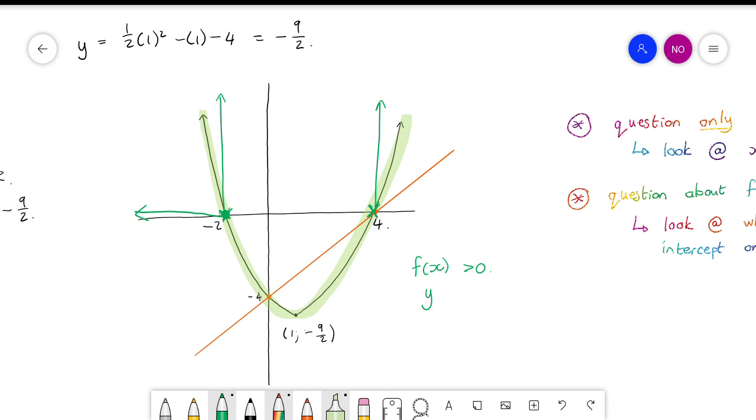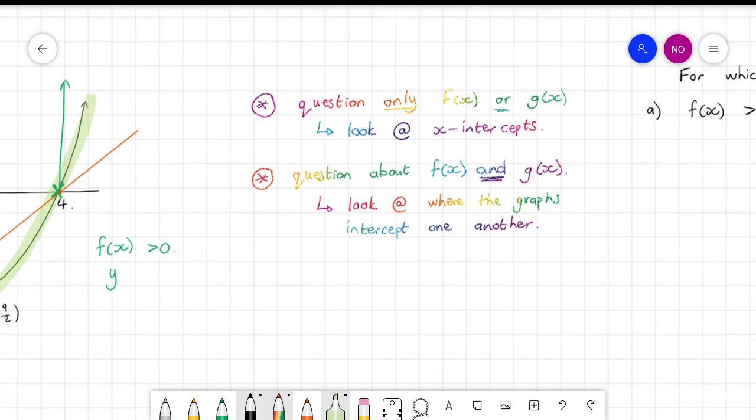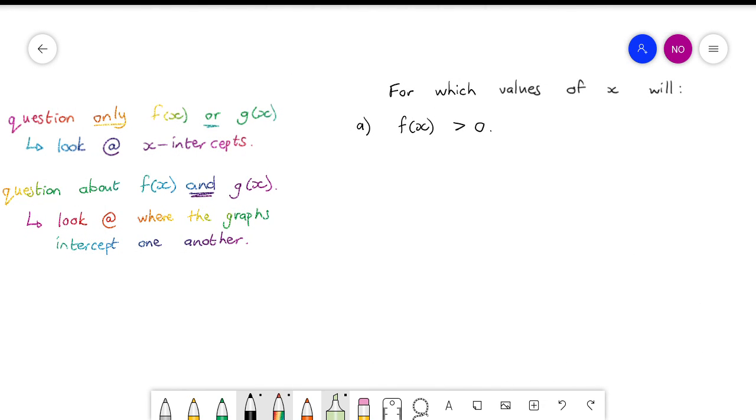As ek kyk van -2 af en ek gaan links, so sê nou maar ek is hier by -3, sien julle dan is die parabool nog steeds positief. Do you guys agree? And for -4 and -5 and -6, etc. So, your first part of your answer, myne lyk nou al soos 'n inkleurboek, maar dis okay. Die eerste gedeelte van my antwoord gaan wees waar x kleiner is as -2.